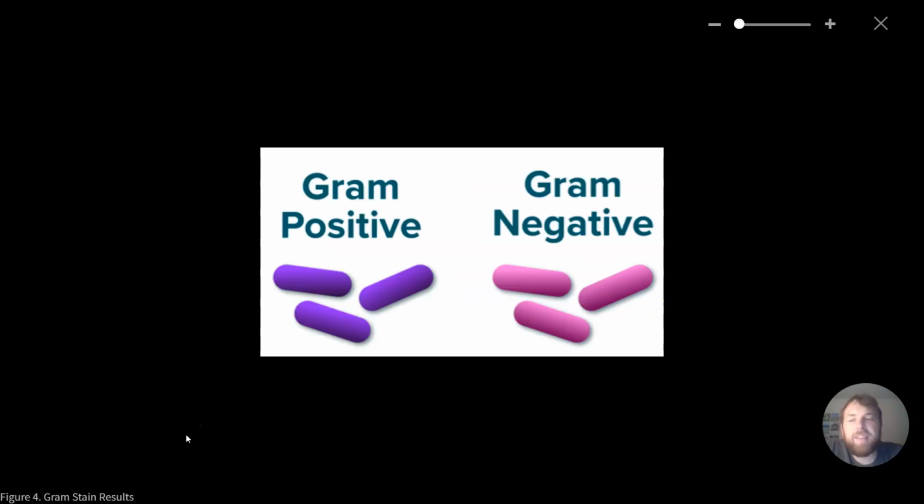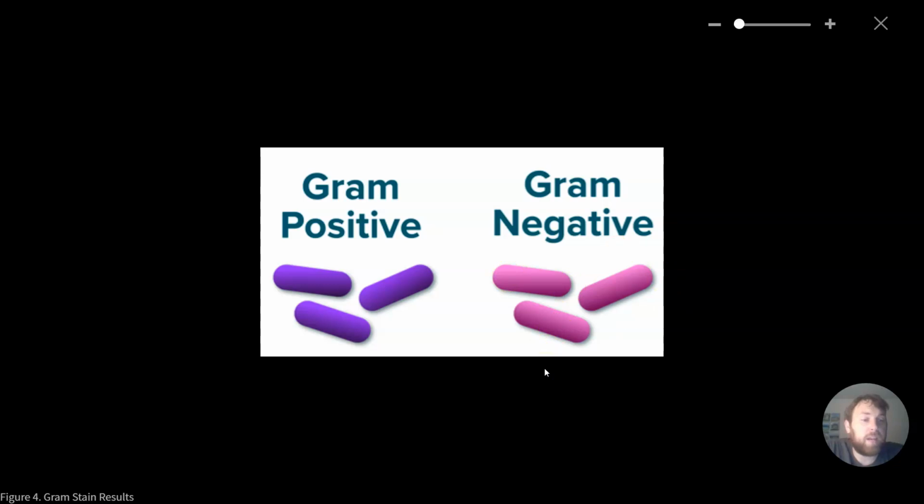Now, in our next activity, we're actually going to be looking at identifying bacteria a little bit further because some look pretty identical under the naked eye. But we have a way of actually testing and treating an identity to try to separate these bacteria into classes called gram-positive and gram-negative.